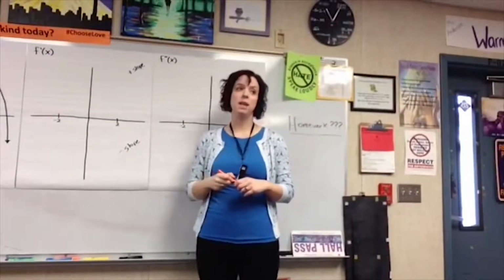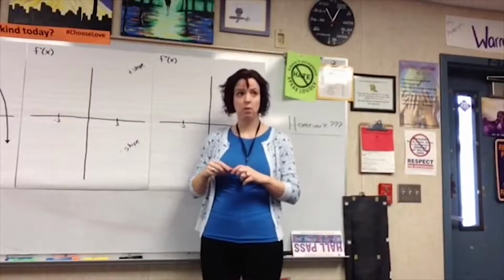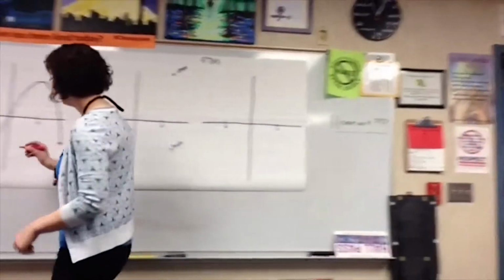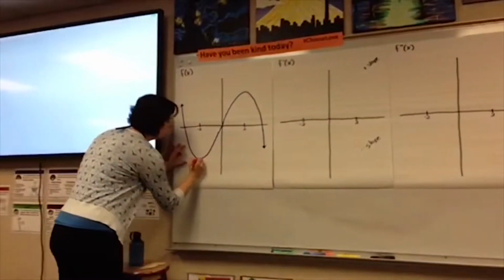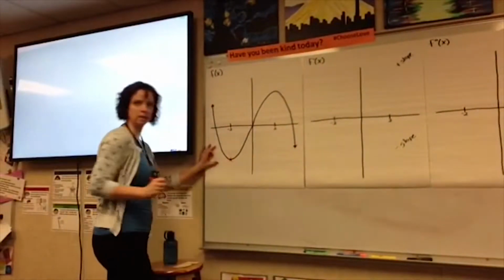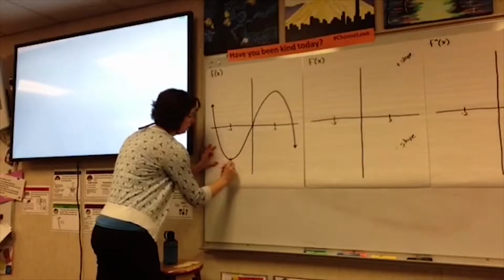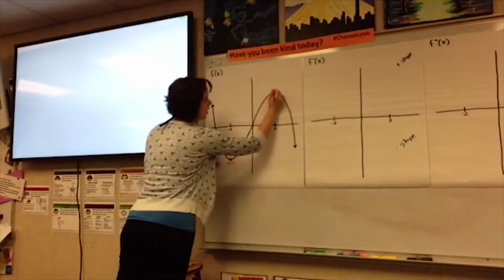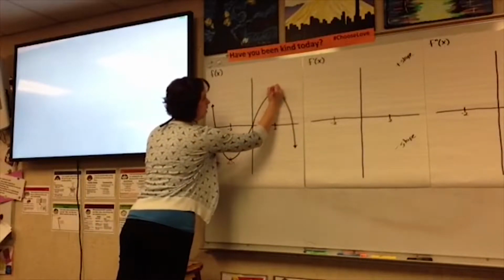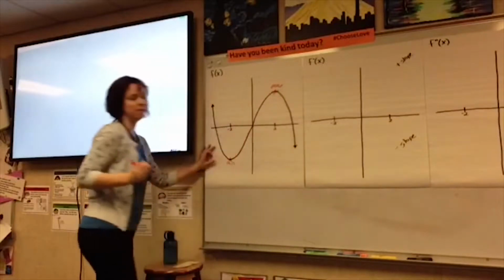Okay, so where is your min and max located on the function graph? Negative 2 and 2. So what would you call this point? That's your min. Okay. And what would you call this point? And you said they had a slope of 0.